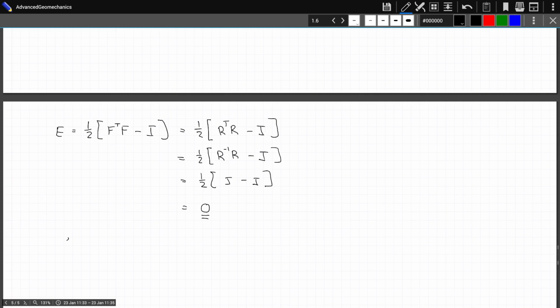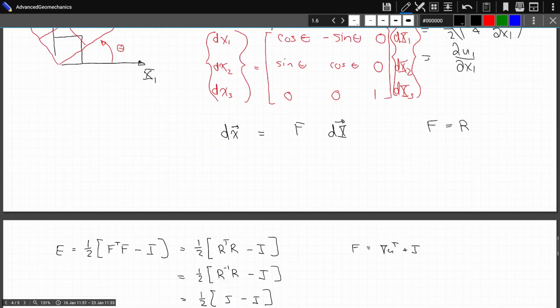For the infinitesimal strain, we have 1/2 (grad U plus grad U transpose). Remember we had this equation, F is equal to grad U transpose plus I. Remember we had that up here?